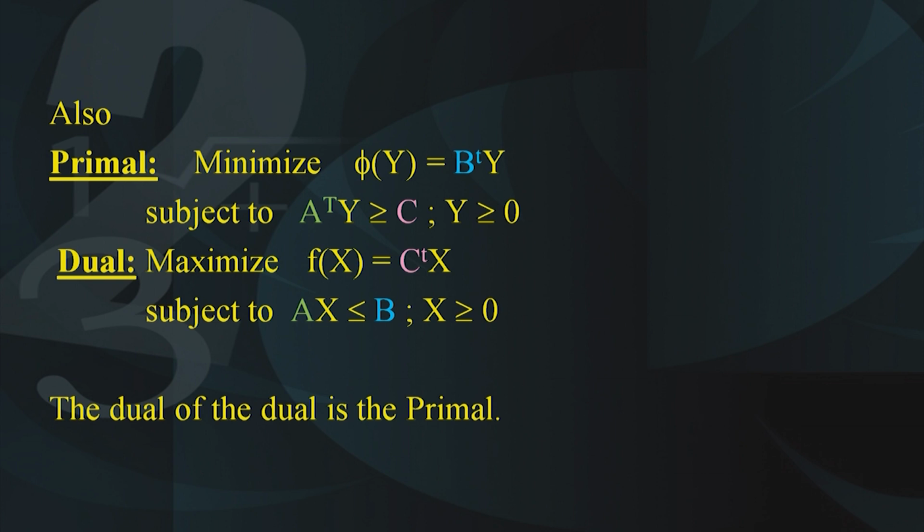The idea is that you can call a primal as maximization with the less than constraints and the dual as the minimization and the greater than constraint, or in other words you could do it the other way round, that is you could call minimization and greater than constraints as the primal and the dual can be called as maximization and less than.